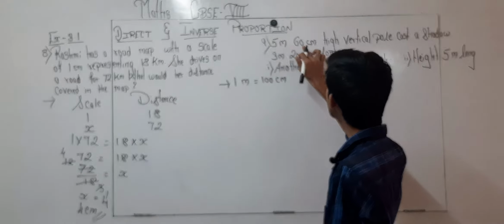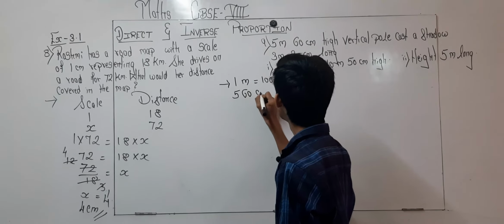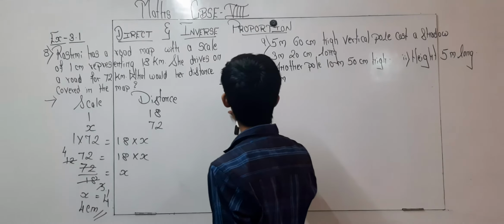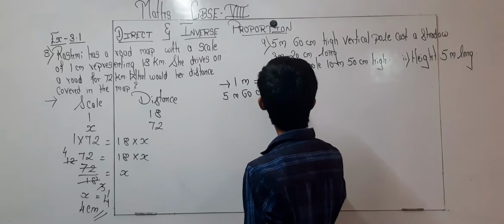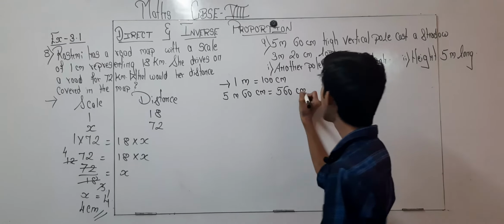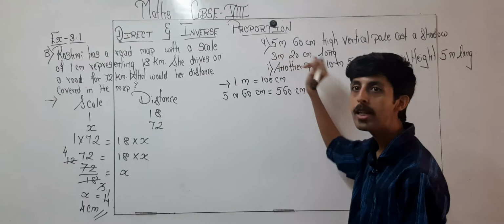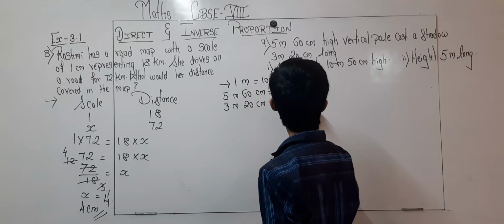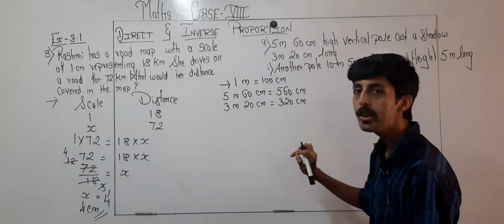So 5 meter 60 centimeter will be 560 centimeters. And 3 meter 20 centimeter will be equal to 320 centimeters.